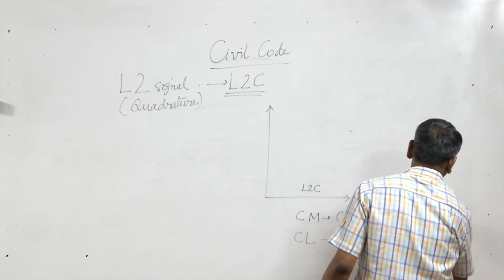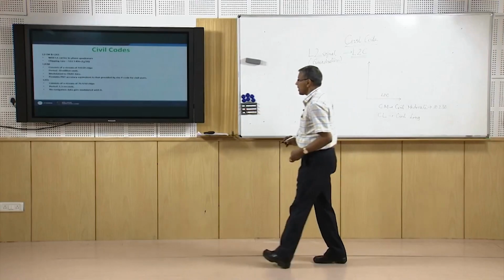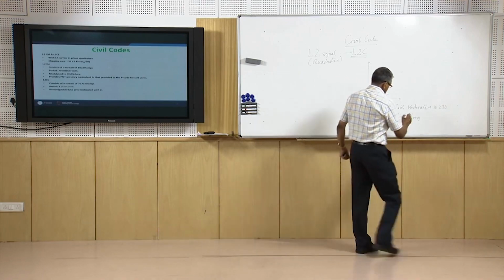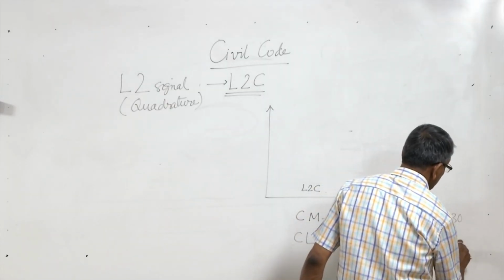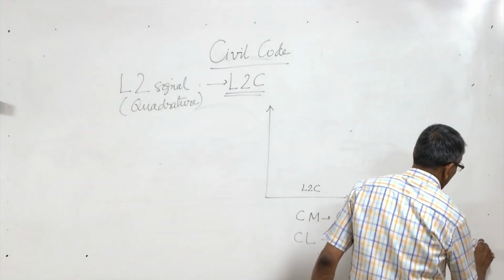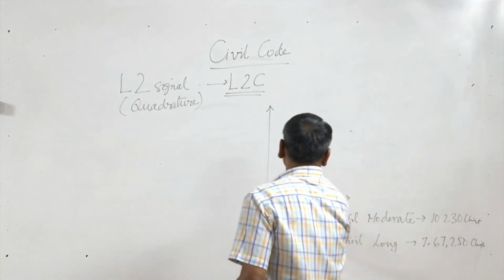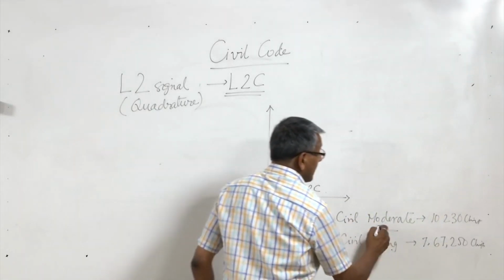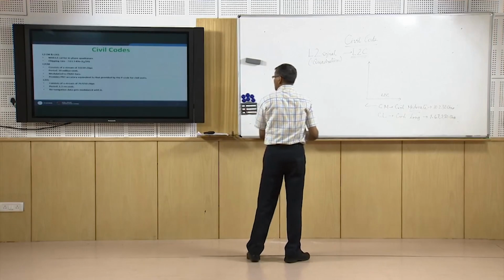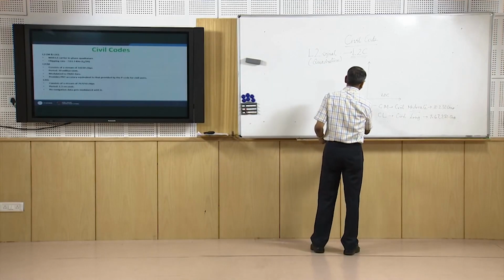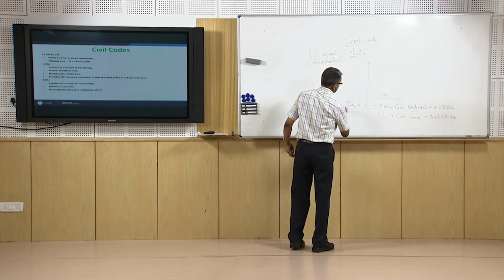The civil moderate code has 10,230 chips, and the civil long has 767,250 chips. So it is of moderate length and has the same accuracy as what P code provides.